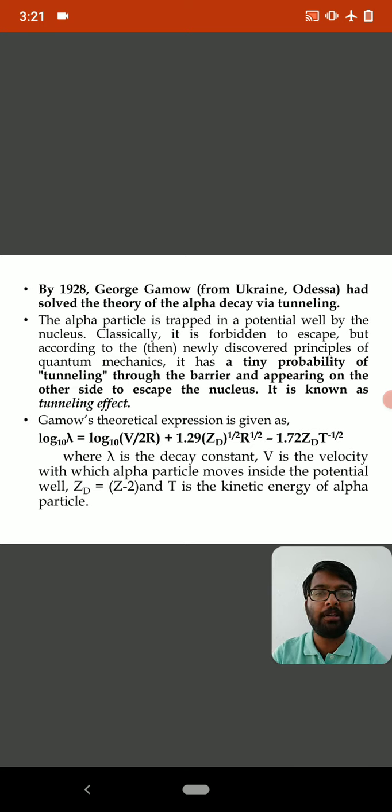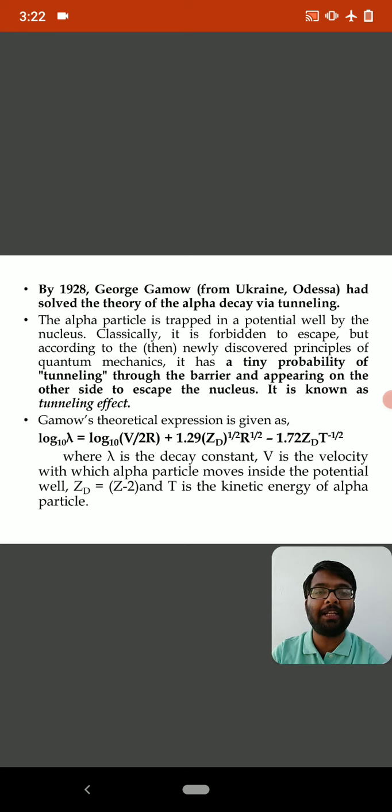By substituting all these quantities, we can calculate lambda, the decay constant, and also the escape probability of alpha particles from the nucleus. So this is the theory of alpha decay.